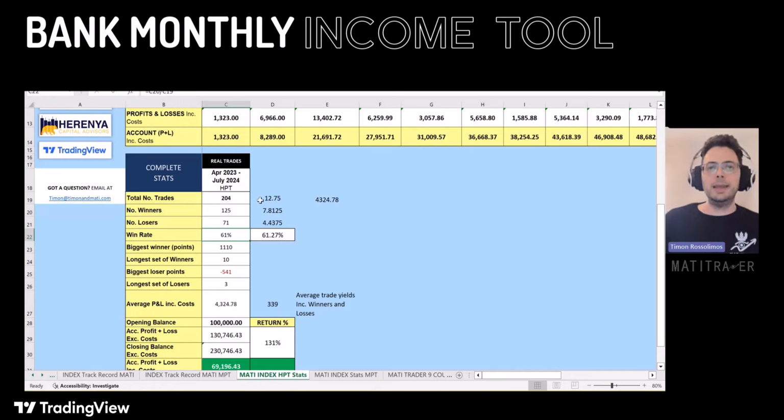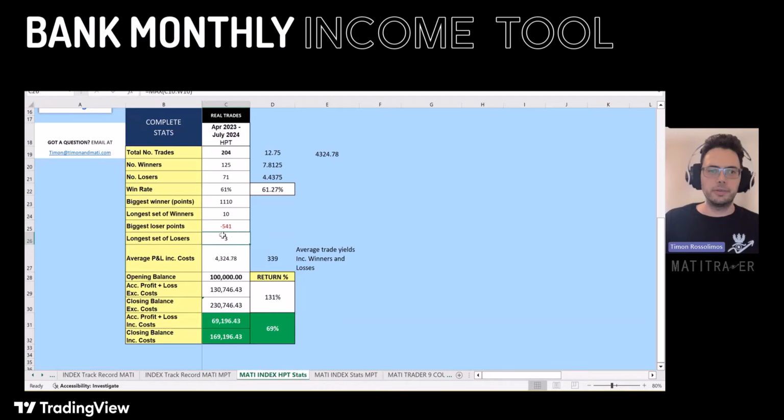If the win rate continues as it is in August and September, then we're going to see that win rate go up. The biggest winner was 1,110 points. The longest set of winners was 10, but we have made up for that now, and we have passed 10 to 16 winning trades. The biggest losing points is 541. The longest set of losers is 3.